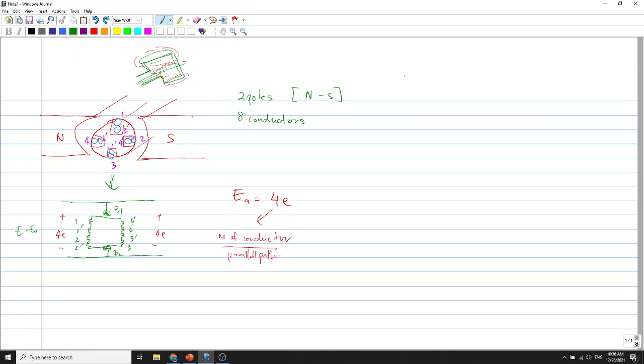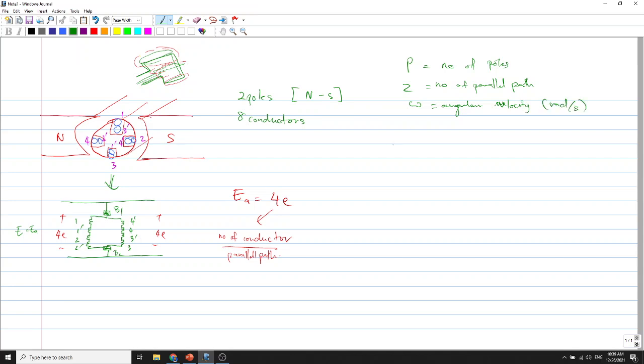So P is the number of poles, Z is the number of conductors, then the number of parallel paths, and omega is the angular velocity in radians per second.